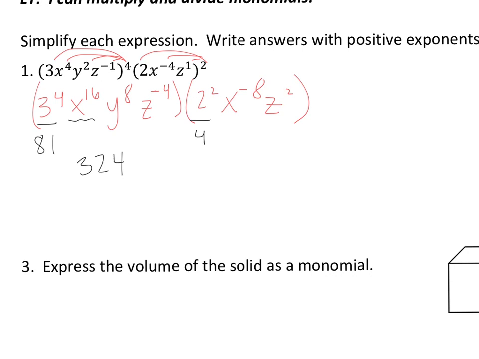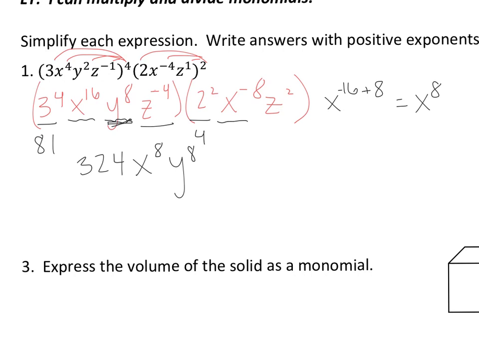I have x to the 16th and x to the negative 8th, so if I take x to the 16th and subtract 8, that's going to give me just x to the 8th in the numerator. I have y to the 8th here, and no y's on the other term, so I just have y to the 8th.